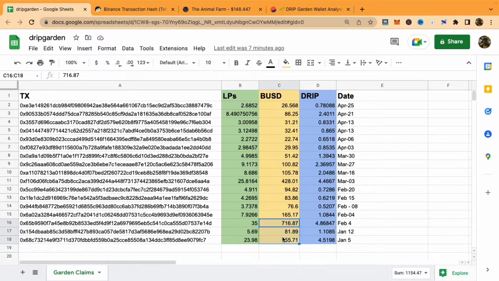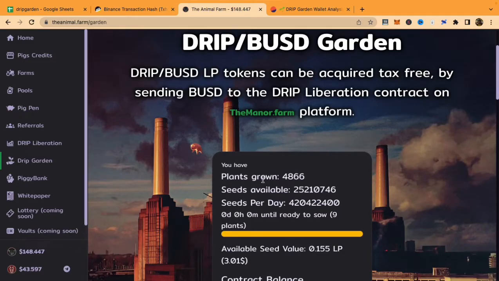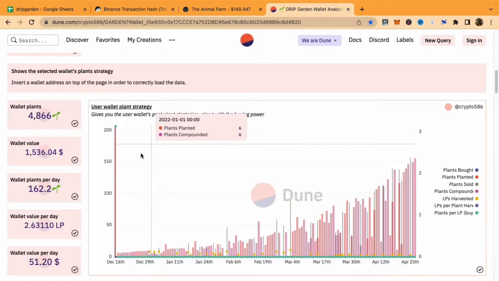Again, the drip garden, you're able to make up to 3% daily return on your initial, which you can compound or withdraw. As of today, my garden has 4,866 plants, and it's producing 162 plants per day at a value of $50 to $51.